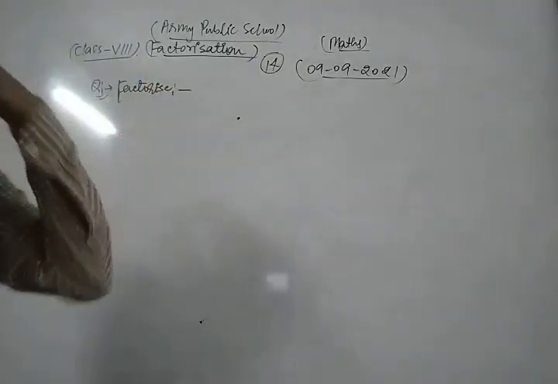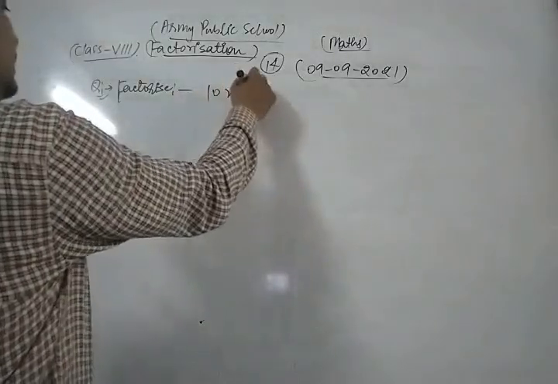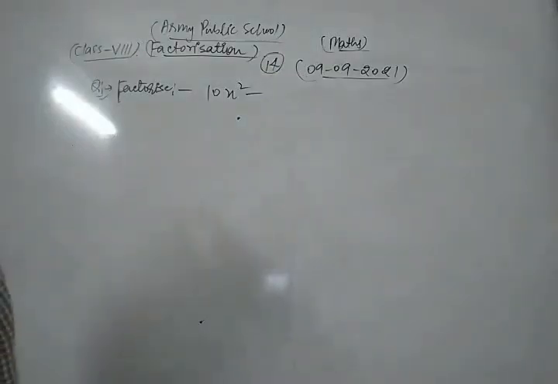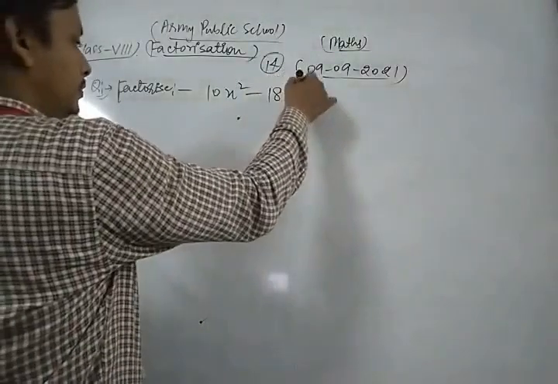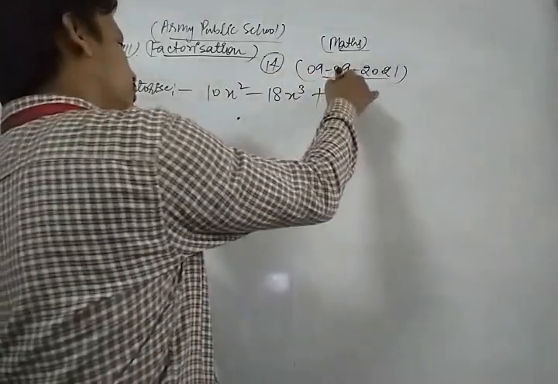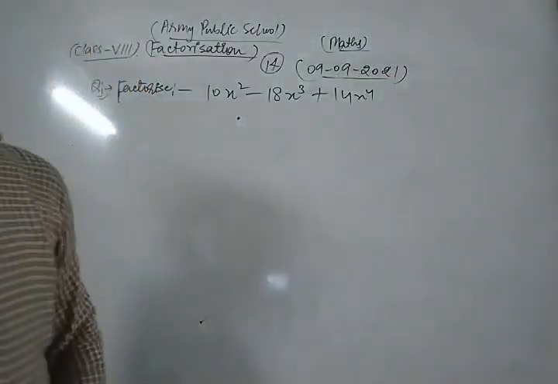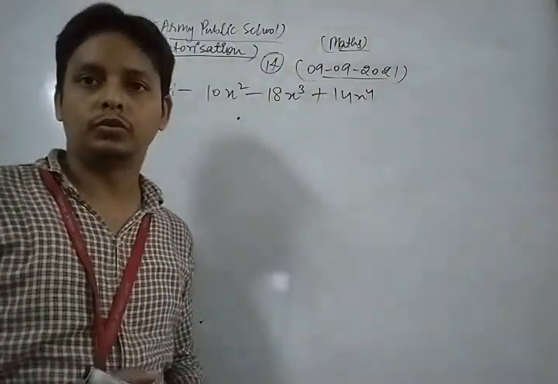factorize 10x square minus 18x cube plus 14x to the power 4.